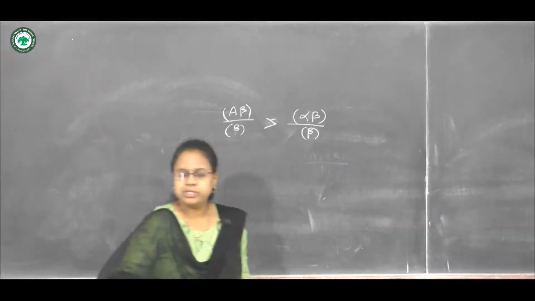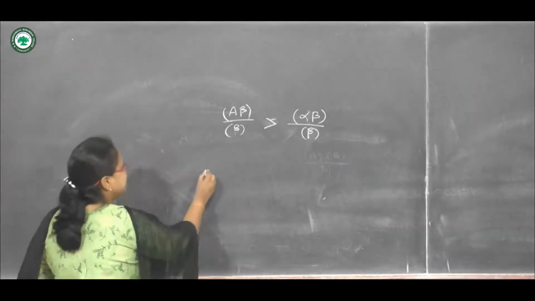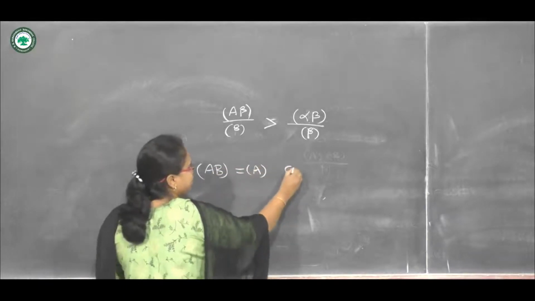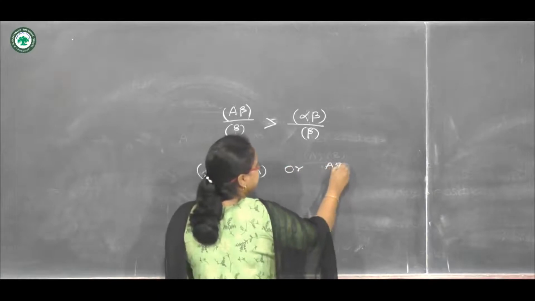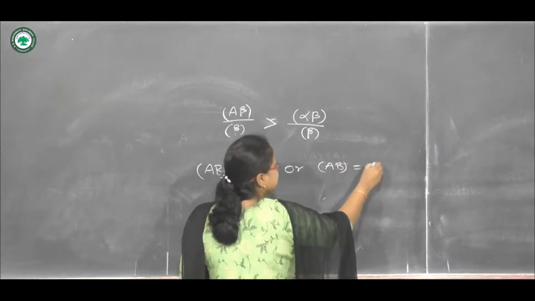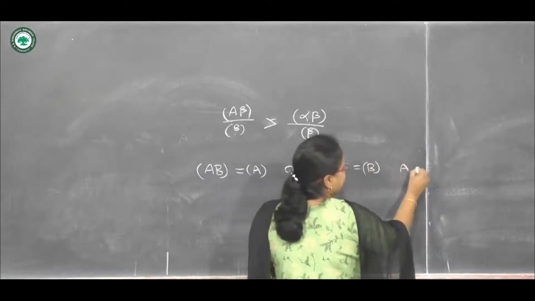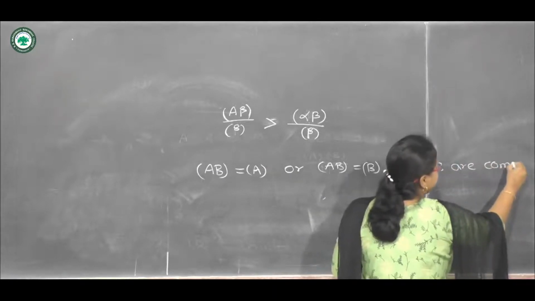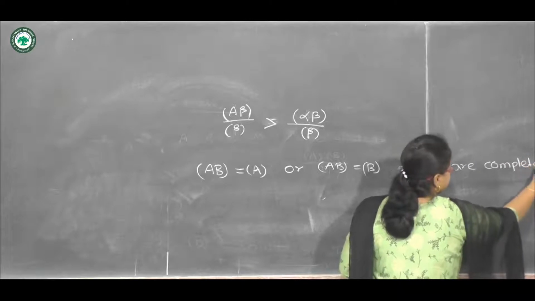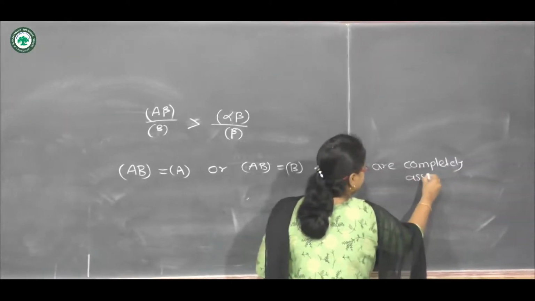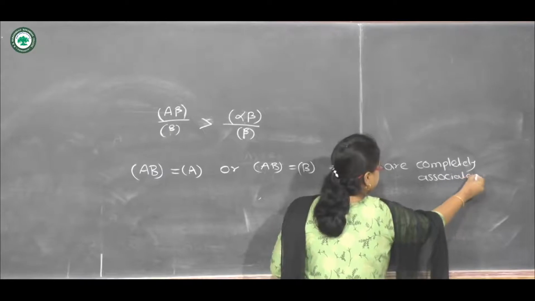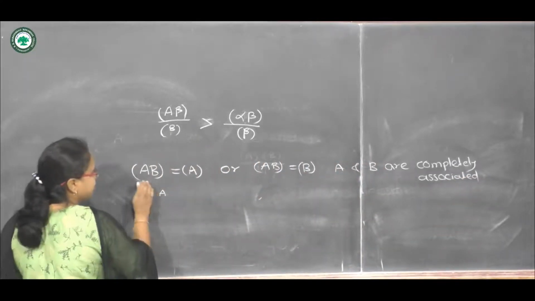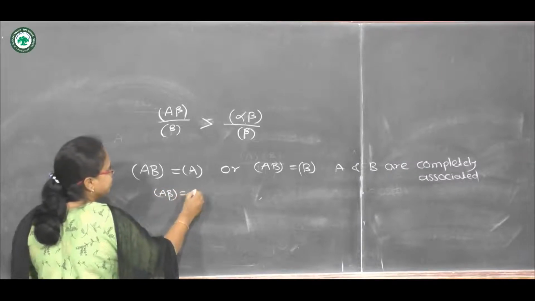The attributes A and B are said to be completely associated if (AB) is equal to (A) or (AB) is equal to (B). If this happens, then A and B are completely associated. In that case, (Aβ) will be 0.